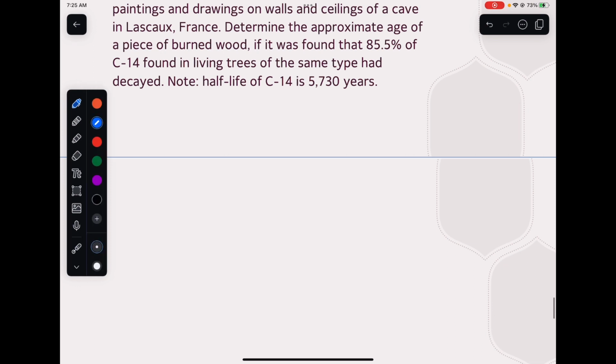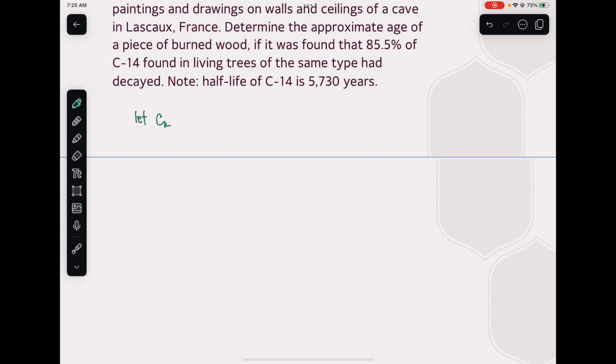So I'm going to let C14 be the amount of C14 that was found, during the amount of C14 initially.